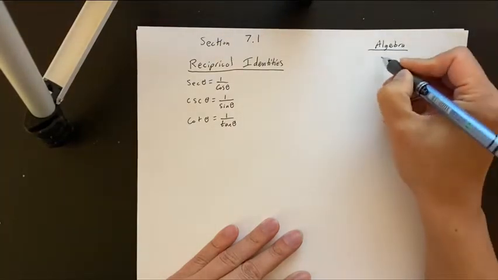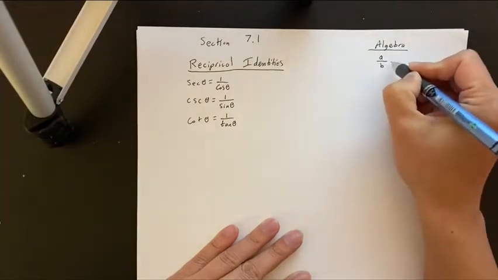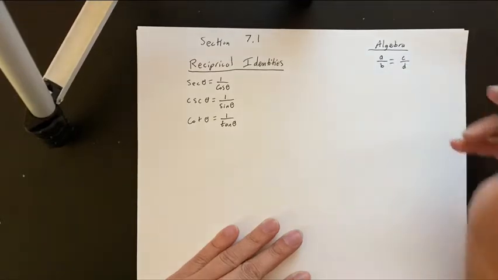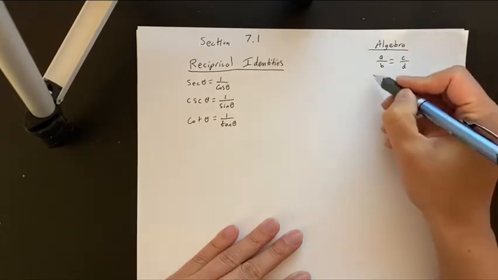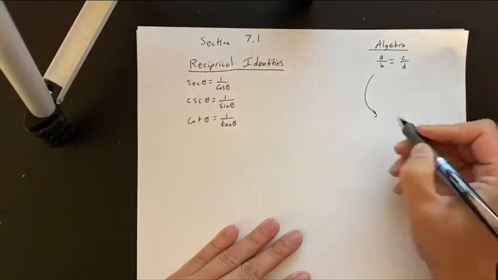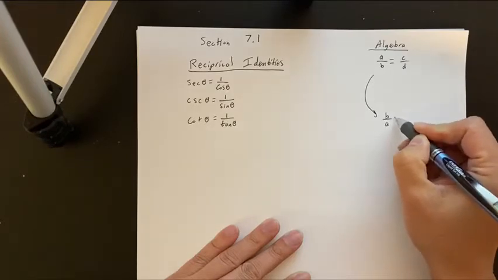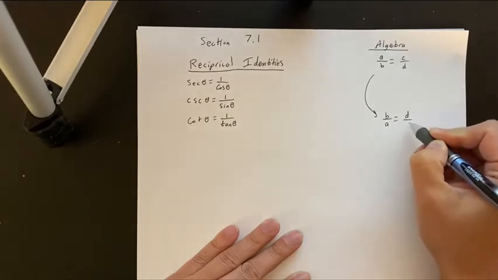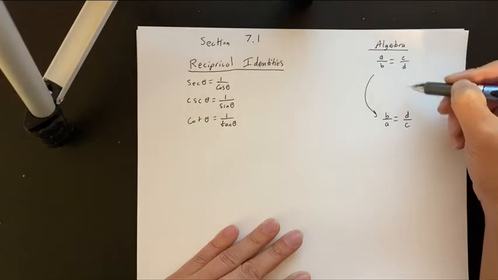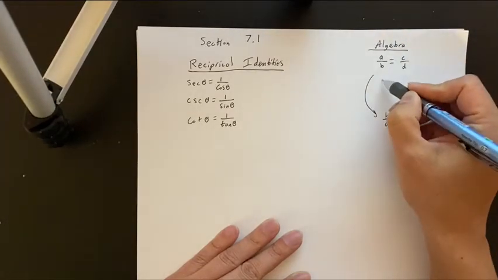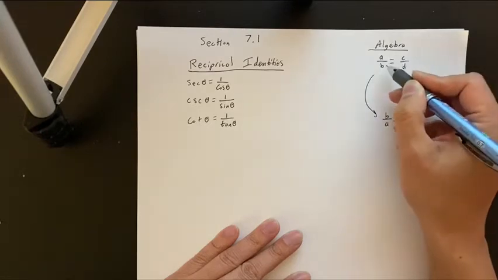which states that if you have a fraction, a over b is equal to c over d, then eventually you can do some steps in between and show that b over a is the same thing as d over c. And what is that step? Well, the first step would be to cross multiply. So a times d, b times c.